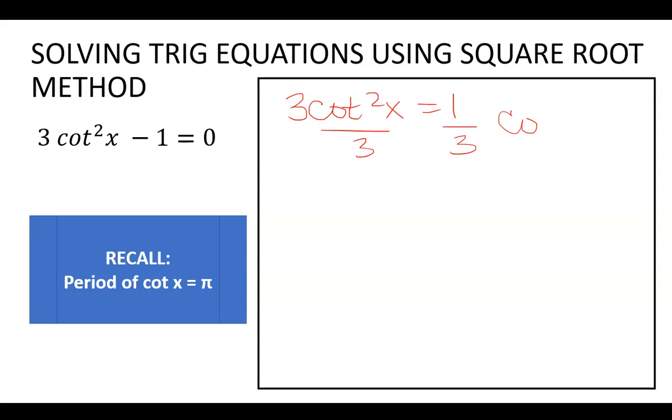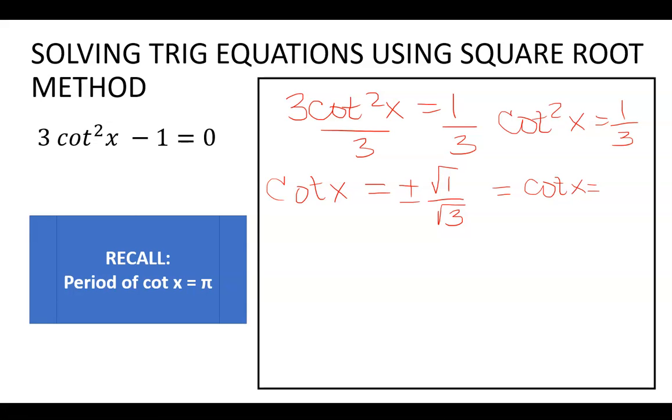So I have that cotangent squared x is equal to 1/3. Okay, to get rid of a squared, you take the positive and negative square root of the other side. I am going to split that so that when I simplify this, I get that cotangent x is equal to 1 over the square root of 3.